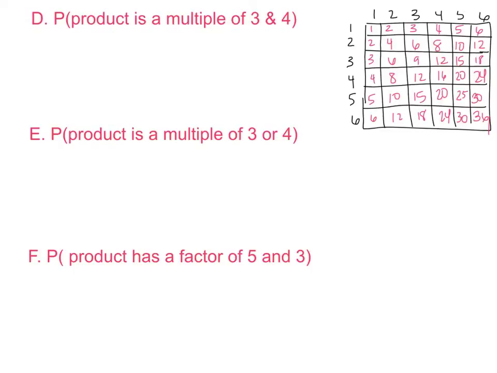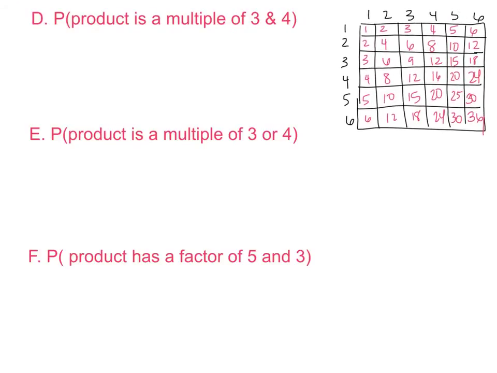If you look here, our only option is going to be 12. And so let's see how many times we see 12. So we have a 2 out of 36 chance, or 1 out of 18.